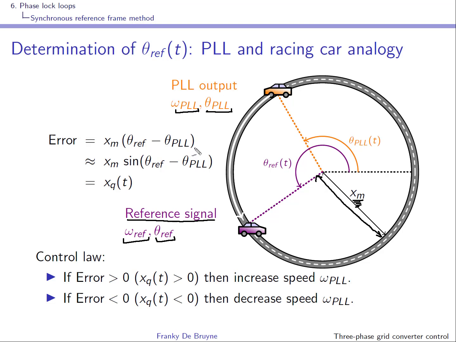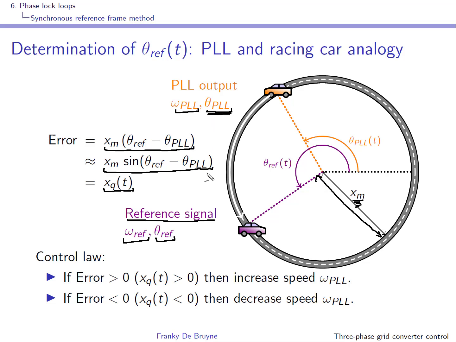And we have seen previously that if the angles are sufficiently close, this looks like this signal over here, where we have a sine, and this is the Q component of my reference signal after Park transform with the angle theta PLL.